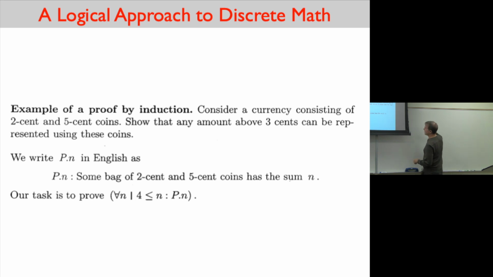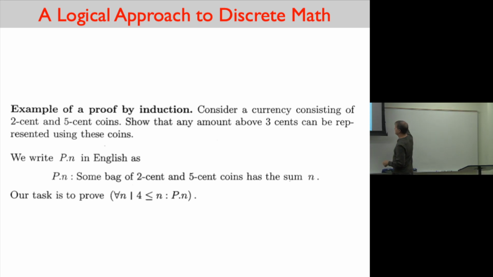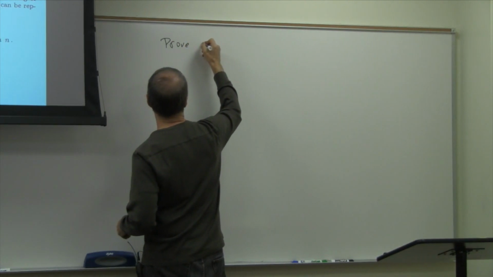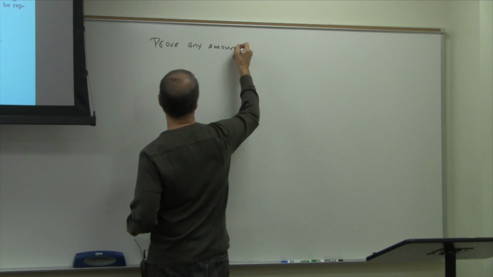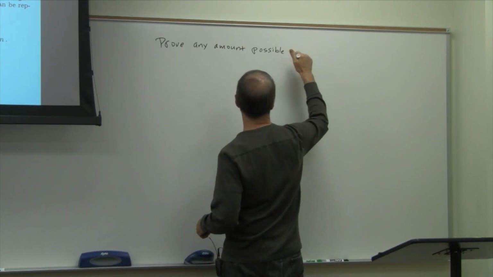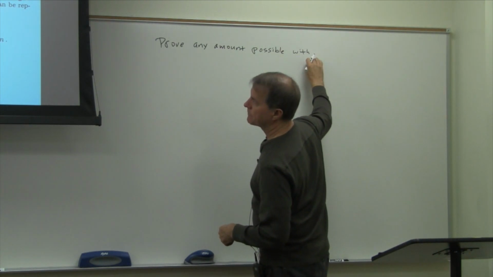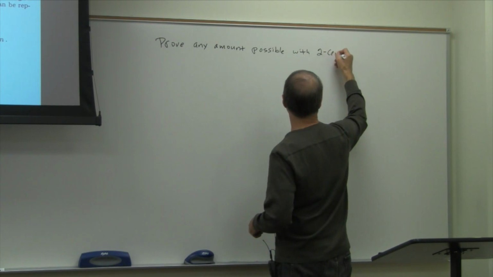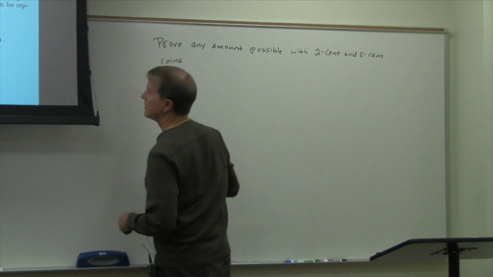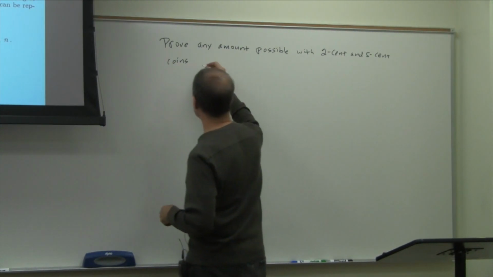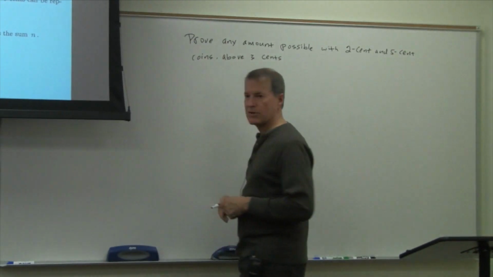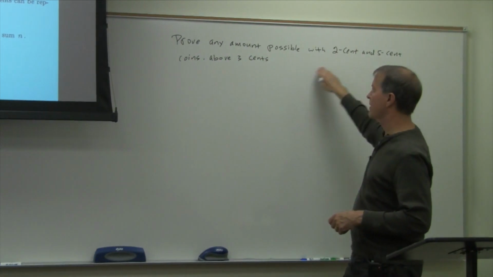Okay, so our problem is: prove that any amount is possible with 2-cent and 5-cent coins above 3 cents. So that's what we have to prove.